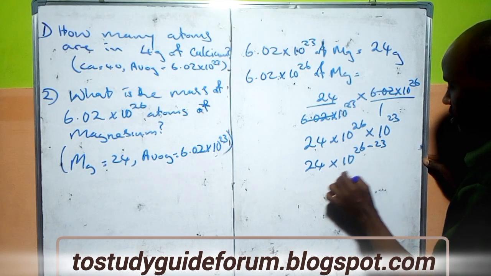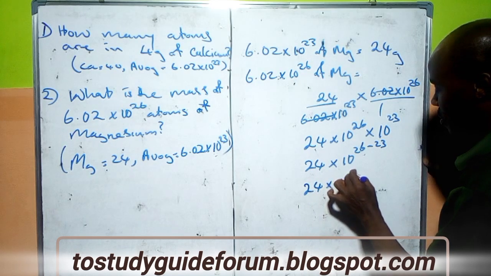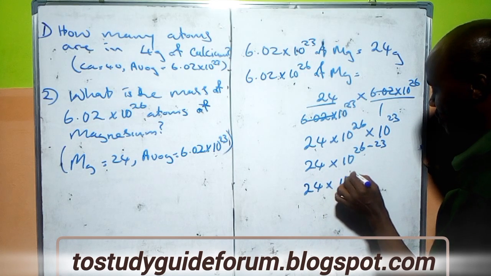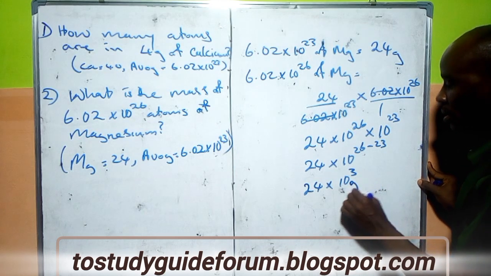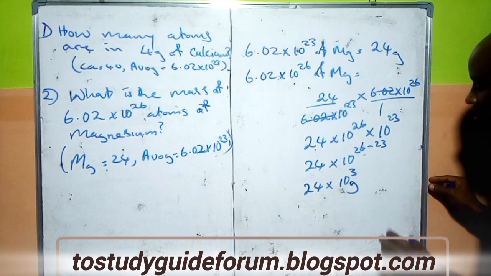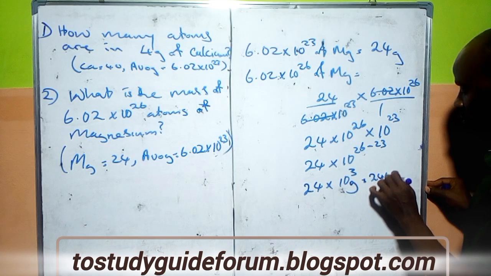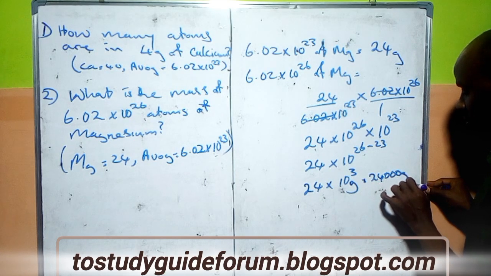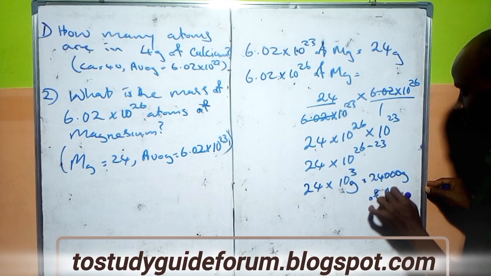So it will be 24 times 10 raised to the power 3 grams. Since we are looking for grams, that will be 24,000 grams, or kilograms, of magnesium.